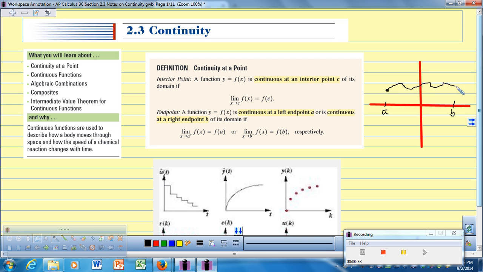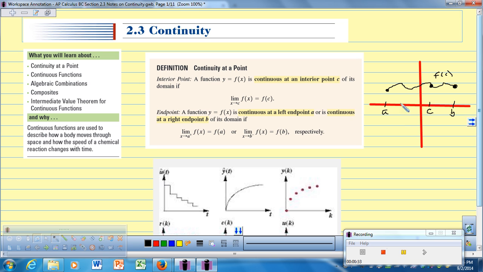All right, so it says a function y equals f of x is continuous at an interior point, C, of its domain if the limit as x approaches C of f of x equals f of C. So they're saying C is within the interval from A to B, and the function is continuous if the limit as x approaches C is equal to f of C.